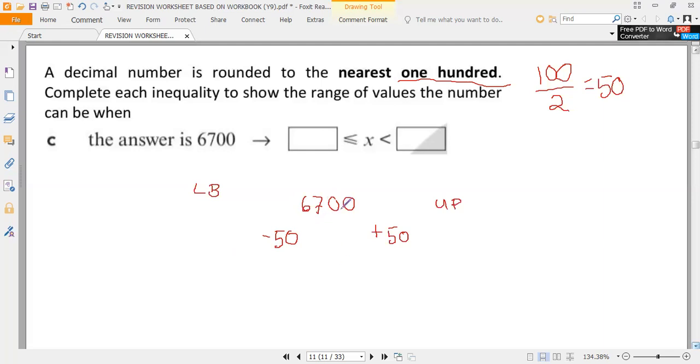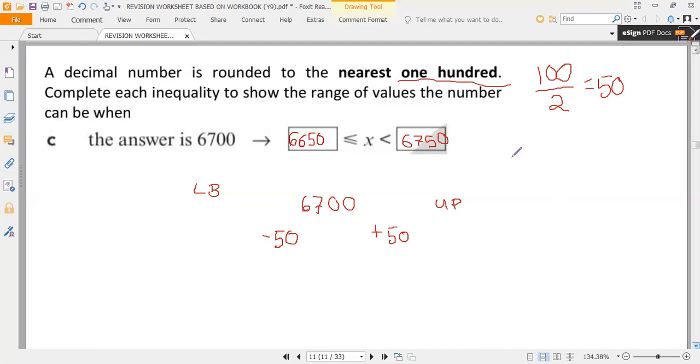So 6,700 minus 50, the lower bound is 6,650. And when we plus 50, 6,750. Okay, I can actually hear some of you asking me, I remember you discussed with us that you need to put 6749.999 something.